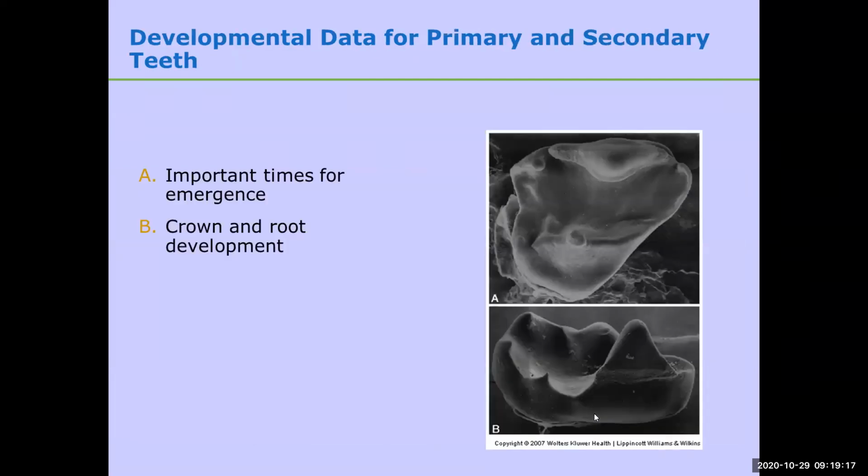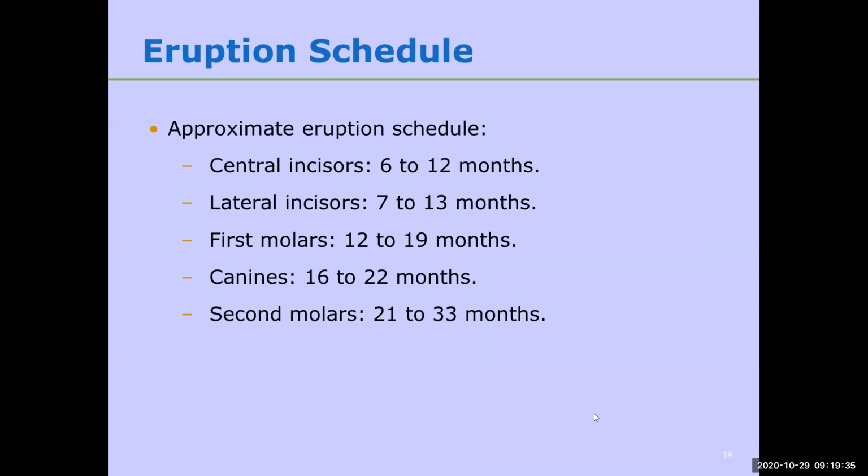For the development of primary and secondary teeth, you need to know some of the times of emergence. You will be writing down the crown and root development for the permanent teeth as well on your tooth drawings. You're going to get into more of this in histology, so I'm not going to dwell on it.